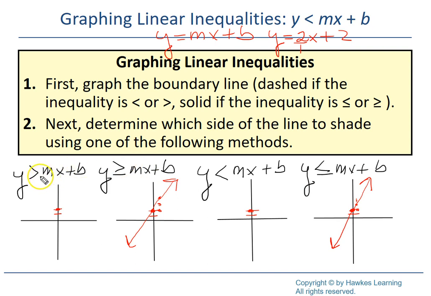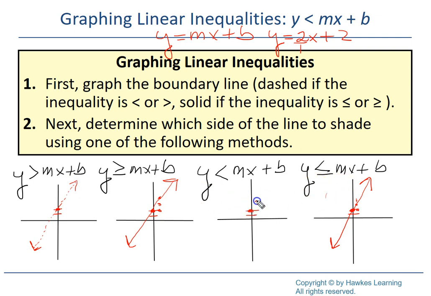Now, how about if it's only greater than? Well, instead of having a solid line here, we're going to have a dotted line. Because the values along this line aren't included in the set, and that applies for this one as well.